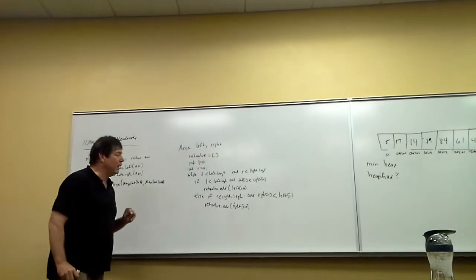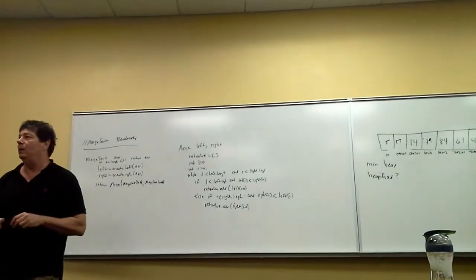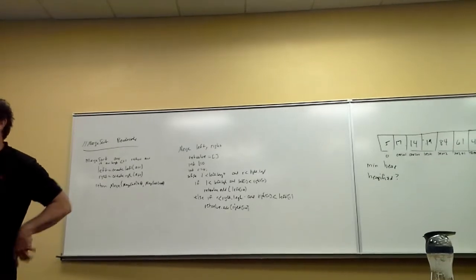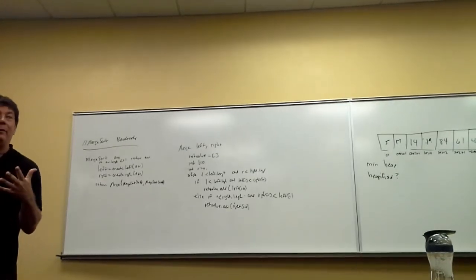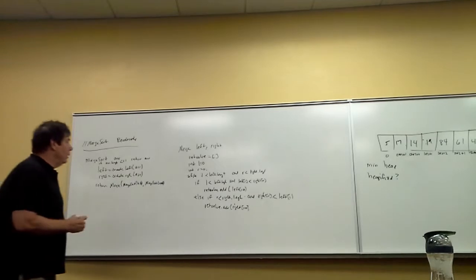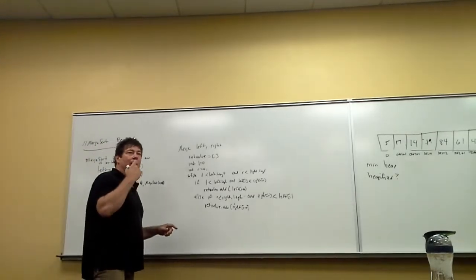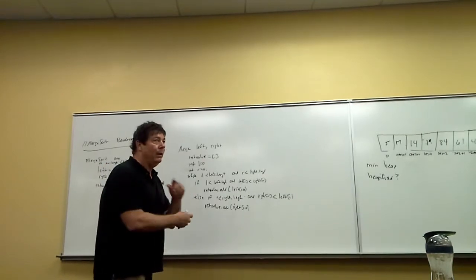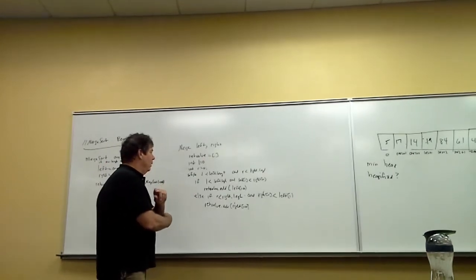Actually, there's a bug in this. Anybody see it? So if one of them is already at the end, so you with me? Anybody know? You would exit the loop because it's an and, right? Should there be or?